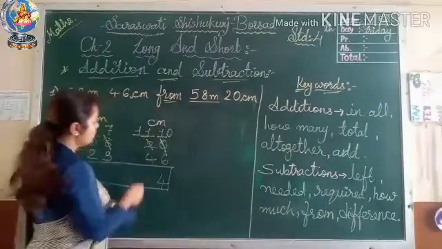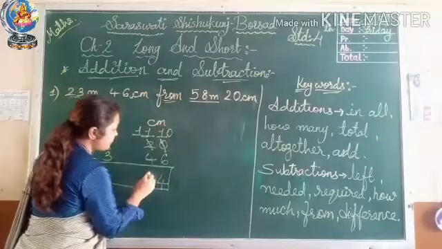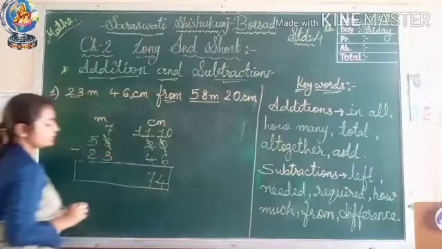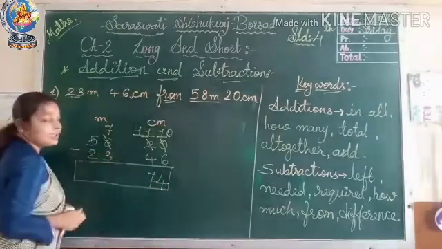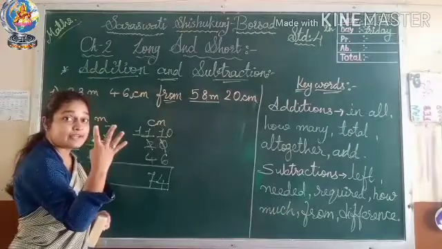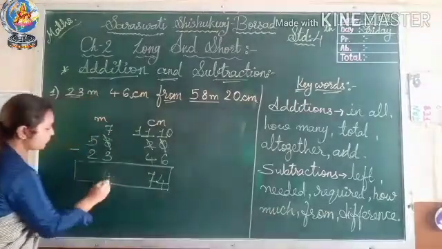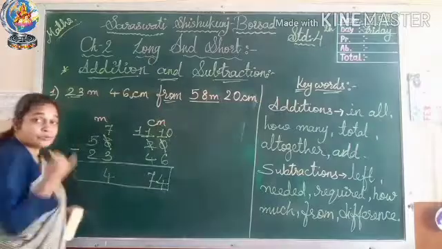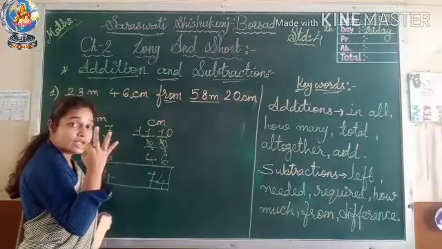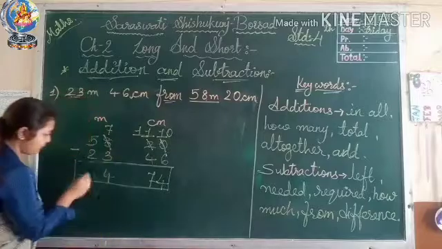So total 7, right? 7 minus 3. Simple: 4, 5, 6, 7. The answer is 4. 5 minus 2: 3, 4, 5. 3 fingers. Look, I have 3. So the answer is 3.